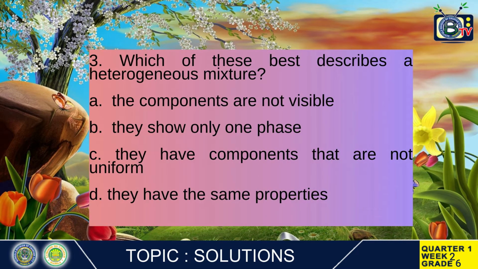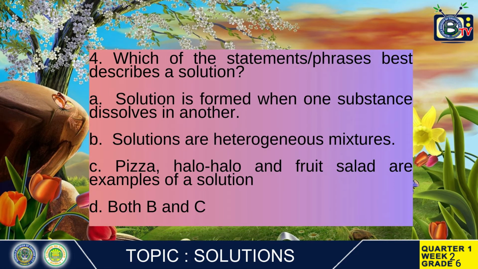Number 3. Which of these best describes a heterogeneous mixture? A. The components are not visible. B. They show only one face. C. They have components that are not uniform. D. They have the same properties. Number 4. Which of the statements or phrases best describes a solution?